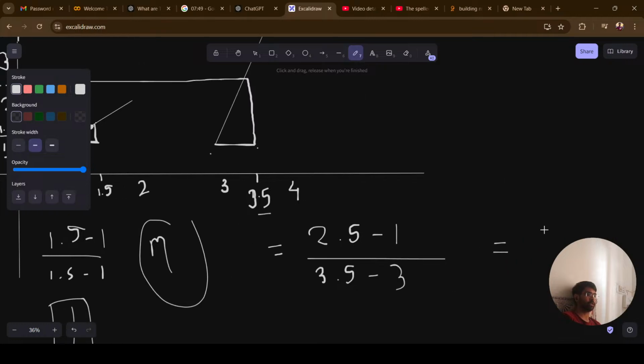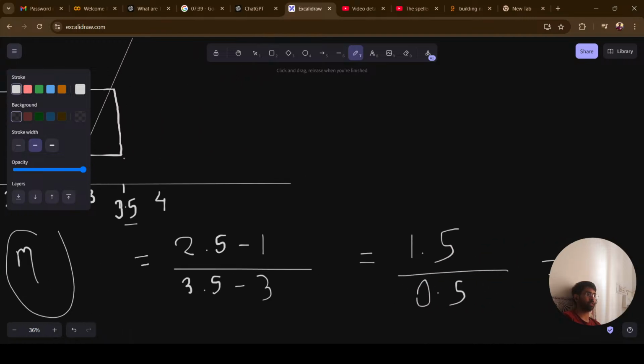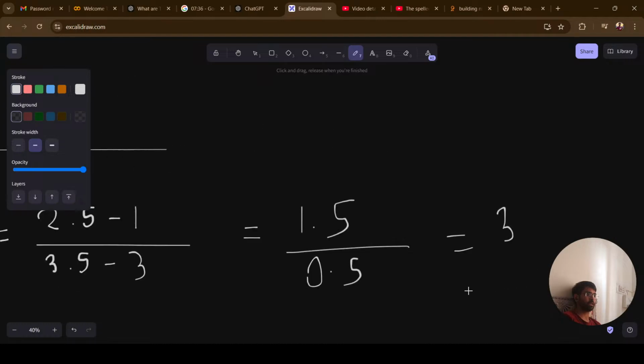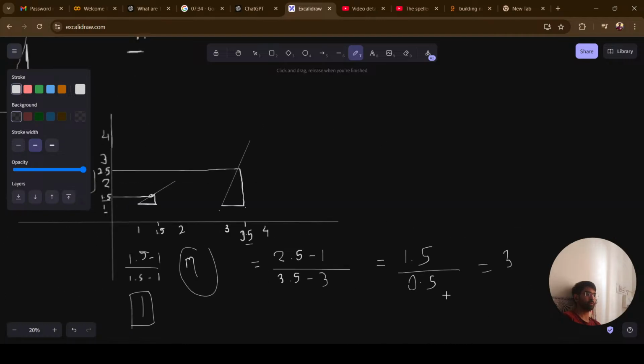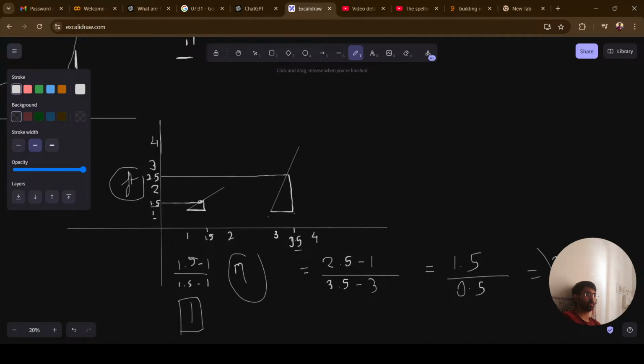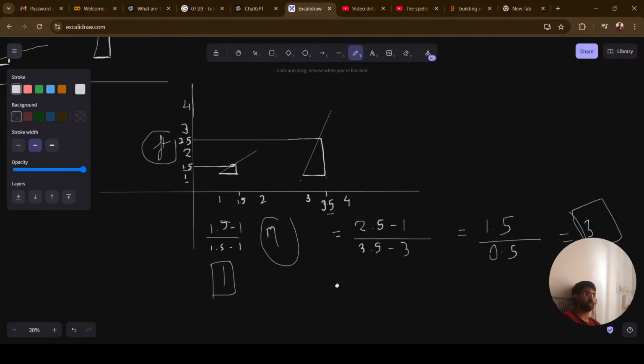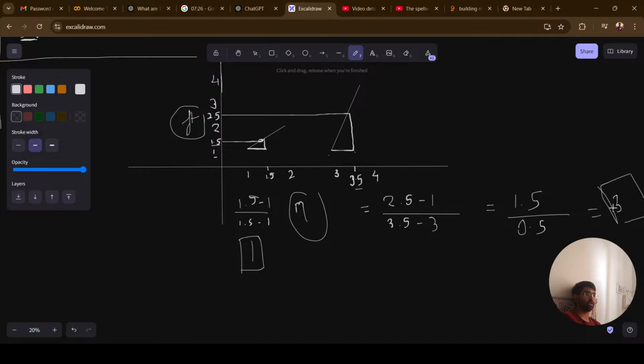What value will this come to? It is 1.5 by 0.5, right? That is 3. So the slope value of this is 3. The slope value of this is 1. Comparatively, this value is higher than this. So you can derive that this slope is much steeper as compared to this.